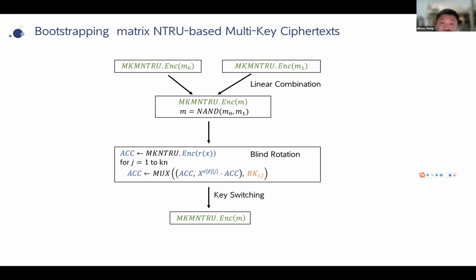This is our two-layer workflow: it consists of a first layer matrix NTRU-based scheme that supports multi-key NAND operations, and the second layer is bootstrapping, which contains the blind rotation and key switching.